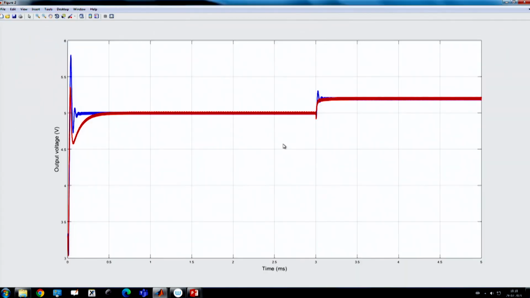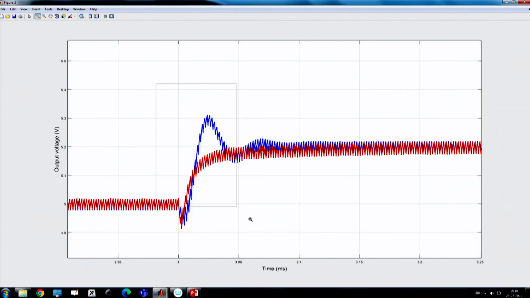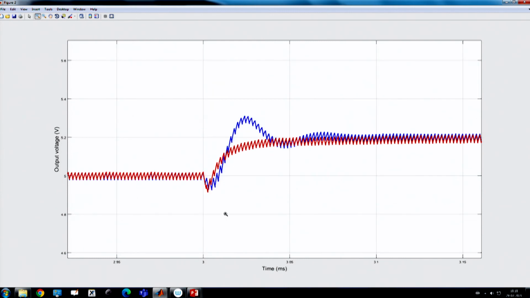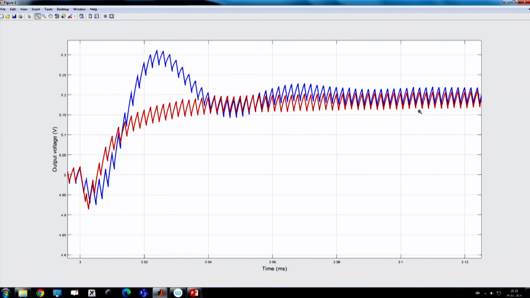So, now this is the response that I want to show. You can see the response due to the state feedback approach is much better because there is no overshoot. Both of them reach steady state at almost the same time, but the first approach using output feedback has a high overshoot and undershoot, and that is not acceptable.